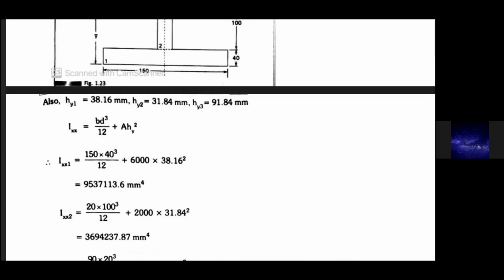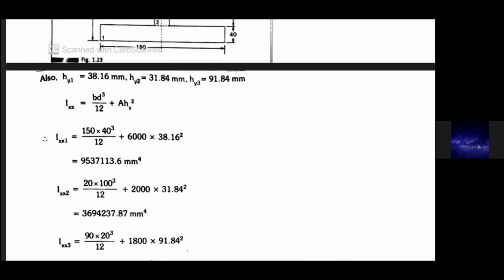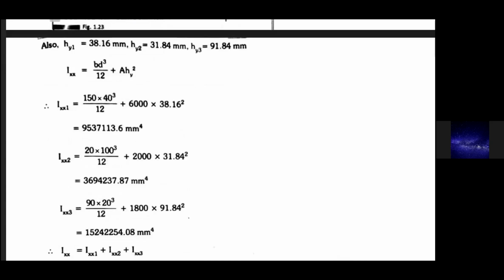Similarly, Ixx2 is equal to B2 D2 cube by 12 plus A2 hy2 square. That is 20 into 100 cube by 12 plus 2000 into 31.84 square. Ixx3 is equal to B3 D3 cube by 12 plus A3 into hy3 square.